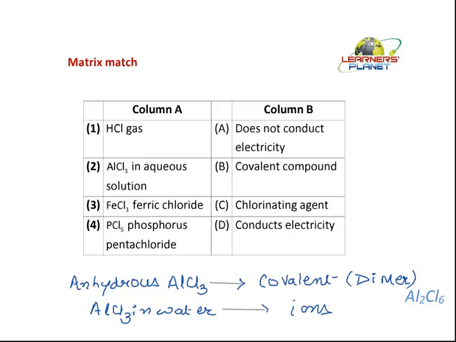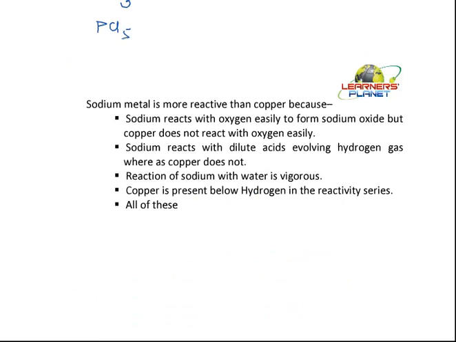It conducts electricity. Now this ferric chloride, is it an ionic compound or a covalent compound? This ferric chloride will not conduct electricity, that is for sure. Here you can't be sure whether it's ionic or covalent. So it will not conduct electricity, so we'll mark A here. Now this phosphorus pentachloride is what? There is one more option, that is chlorinating agent. There is a lot of chlorine with phosphorus pentachloride, that is PCl5.